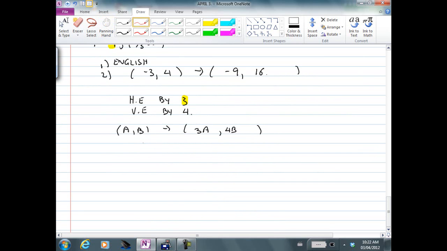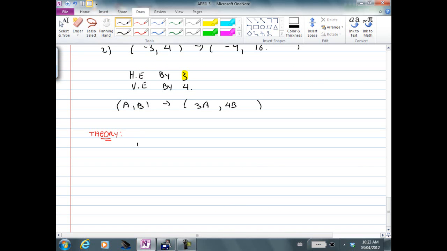Now, here comes the fun part, theory. In theory, you gotta twist your brain around. Okay? In theory, remember, there's no f of x. This is how you know it's a theory question. F of x is gone. Bye, bye. In theory, train your brain to think vertical.